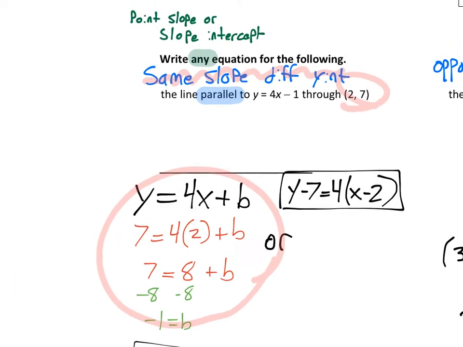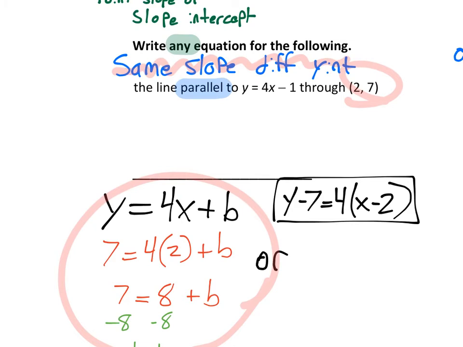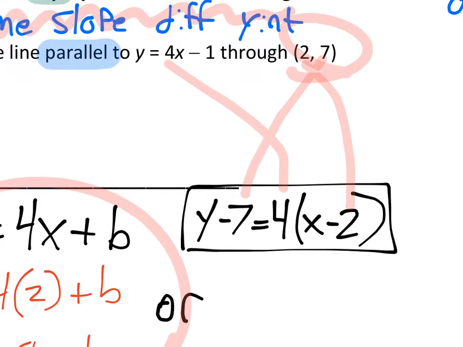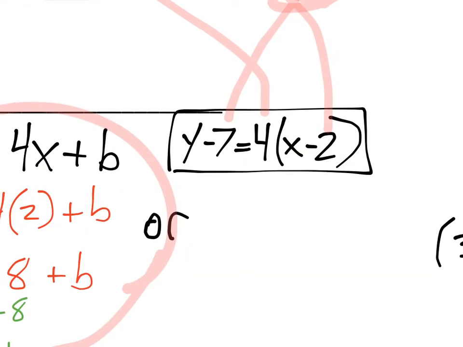And it didn't specify that we had to put it in slope-intercept, so I would instead do this. I'd use my same slope because it's parallel, and then I'd use point slope, my y minus y1, my x minus x1, and I would be able to leave it just like that. If you wanted to put it in slope-intercept, you could solve this equation for y, but you don't have to because it said any form will work.